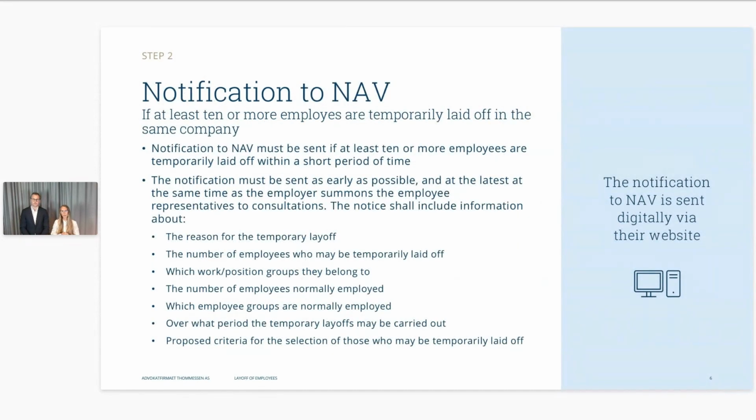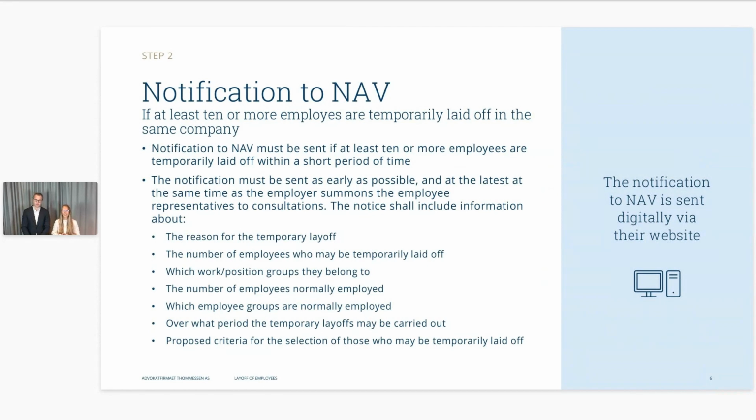Now we would like to briefly mention the obligation to notify NAV. If the company plans to temporarily lay off 10 or more employees, the company must inform NAV about this. This is done by sending a digital message to NAV via their website.